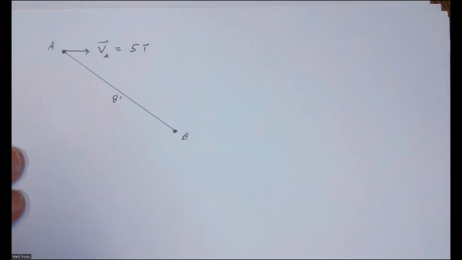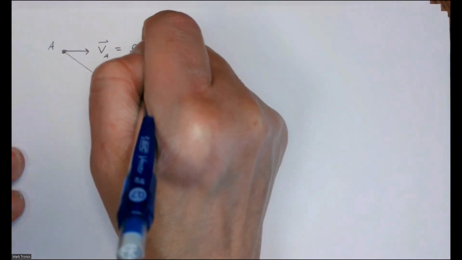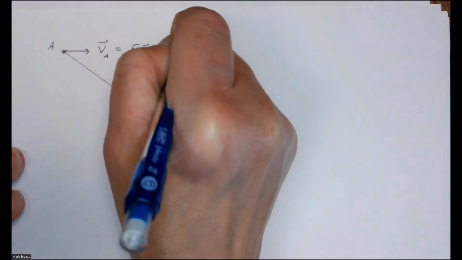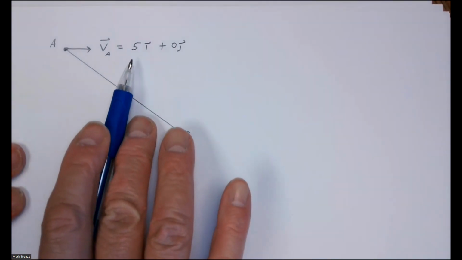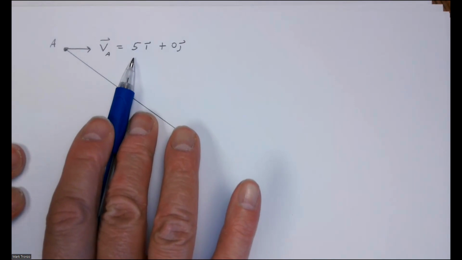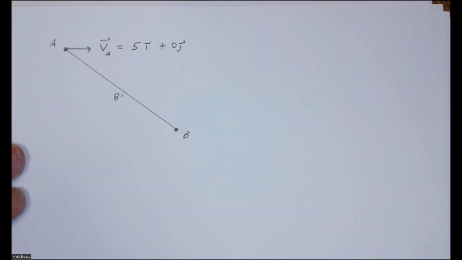Now, if you want to, you can say it's 0J, just to emphasize there's nothing in the Y direction, but it's enough to just put 5I here.